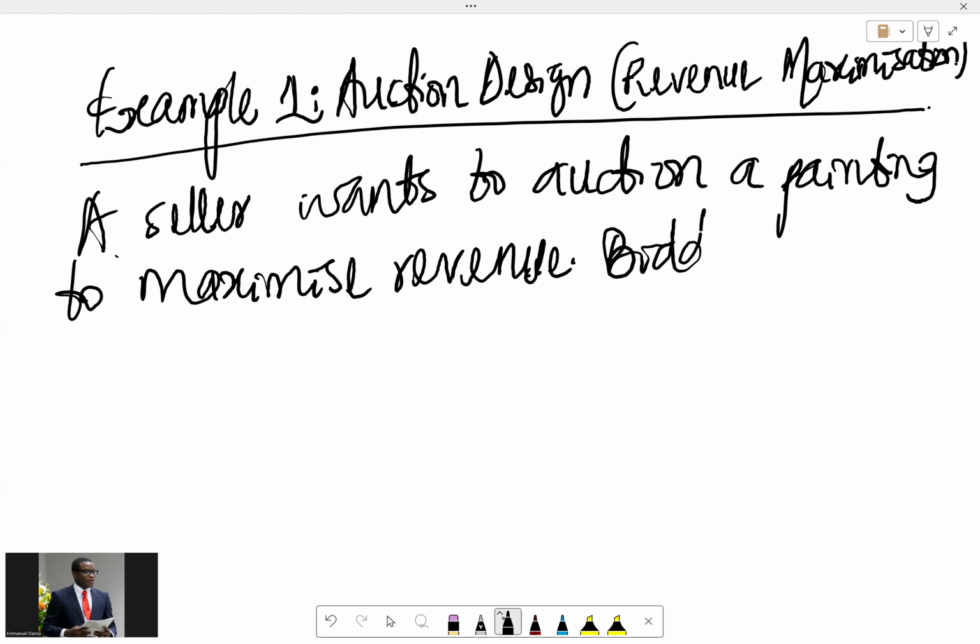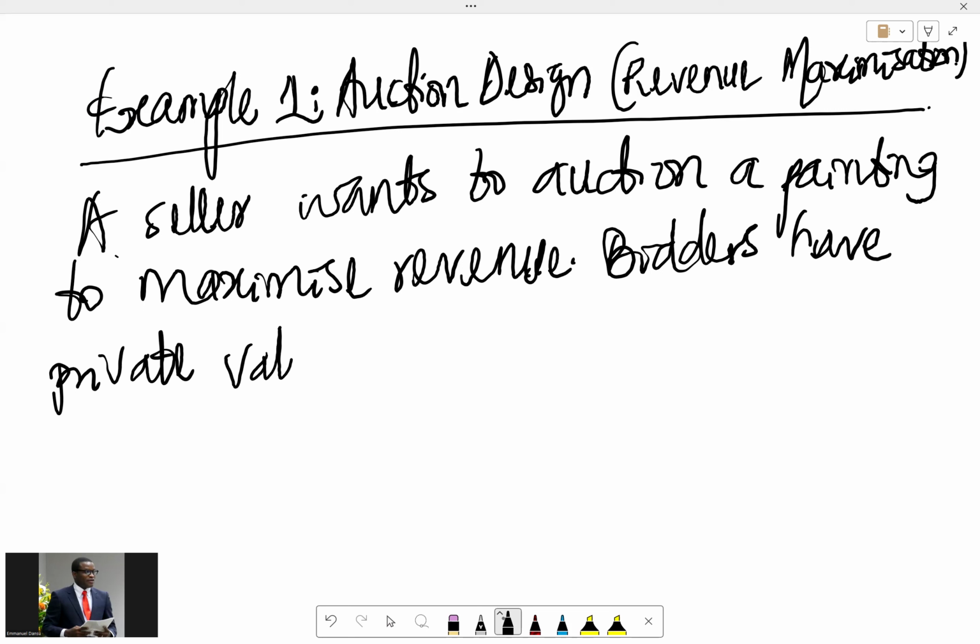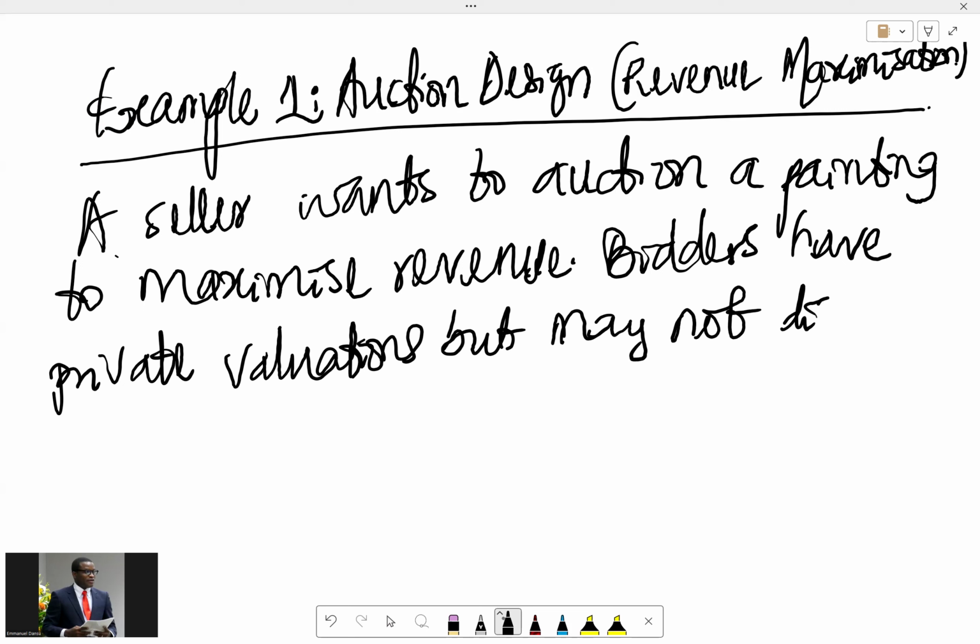Bidders have private valuations. That's the place of private information that we talked about. Bidders have private valuations, but may not disclose them truthfully.